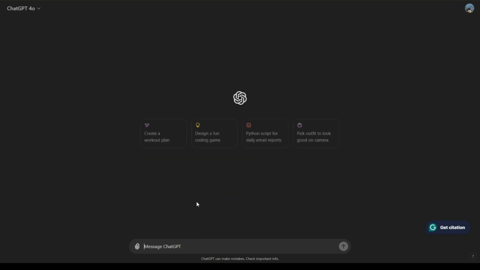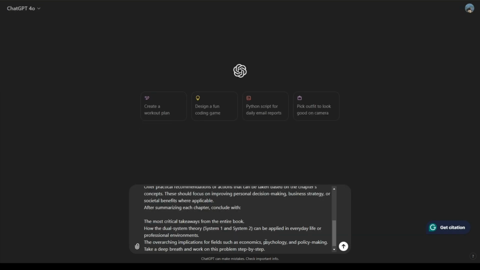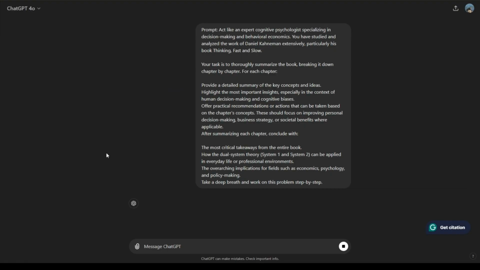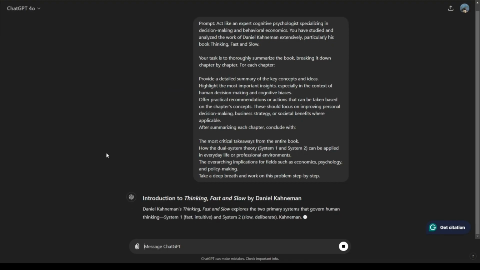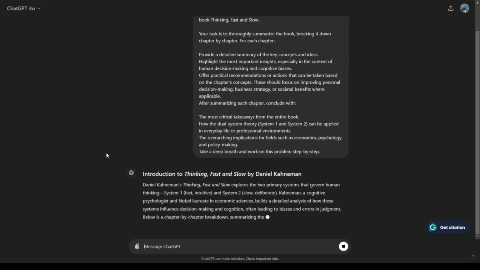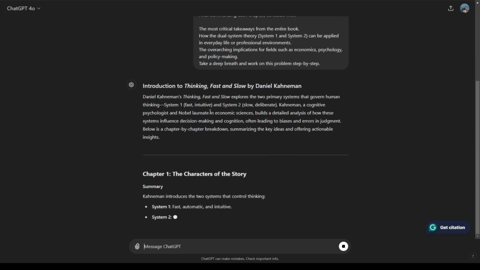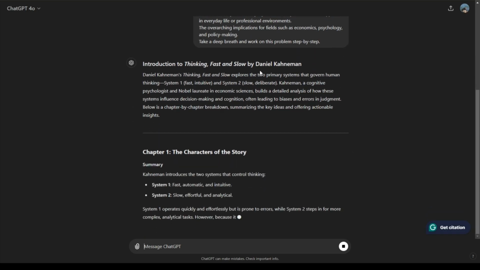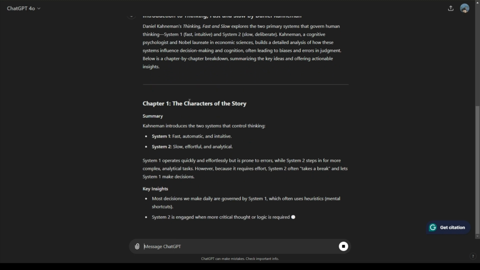So I'll go to ChatGPT, open a new chat, and I'll just put in this prompt and hit enter. What we see now is an introduction to Thinking, Fast and Slow. There are chapter-wise summaries that we are getting.